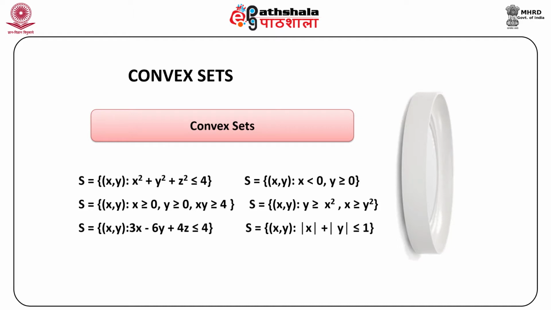S equals {(x,y) such that y is greater than or equal to x squared, x is greater than or equal to y squared}. S equals {(x,y,z) such that 3x minus 6y plus 4z is less than or equal to 4}. S equals {(x,y) such that modulus of x plus modulus of y is less than or equal to 1}.